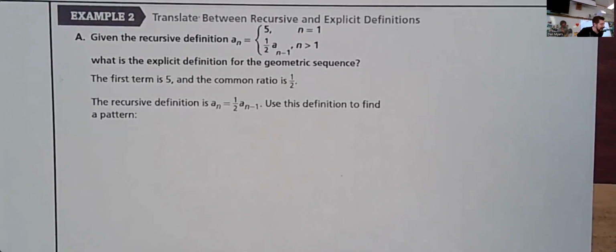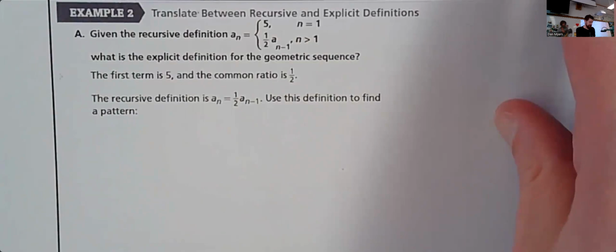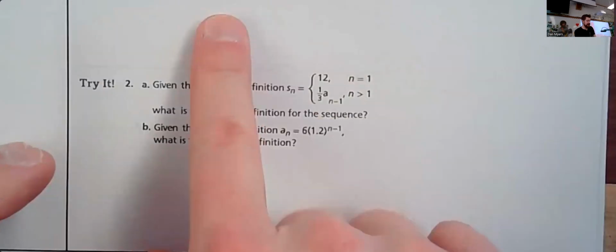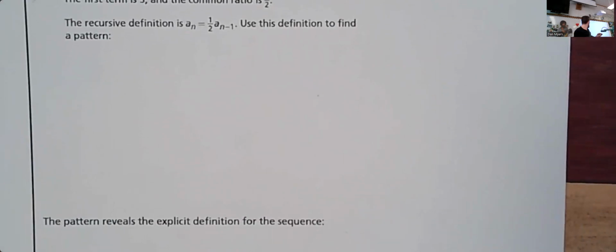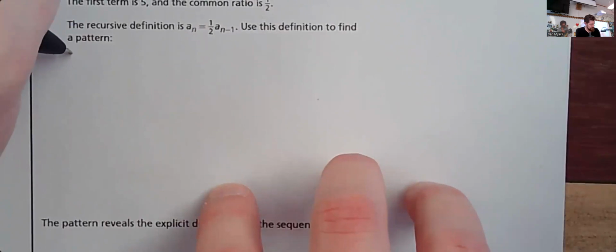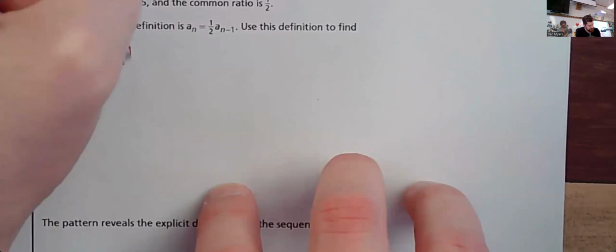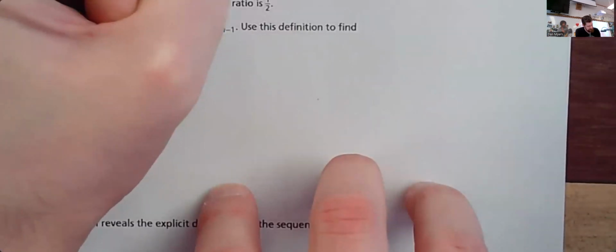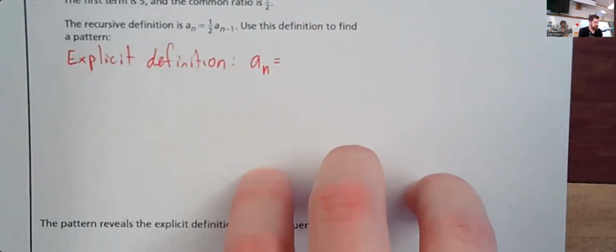So the formula that we have, I'm actually just going to write it. Yeah, I'll write it up here. So the explicit definition is going to be a sub n equals, what do we call the first term?